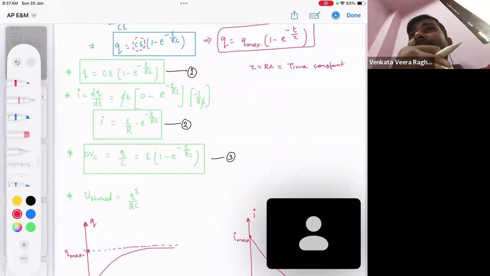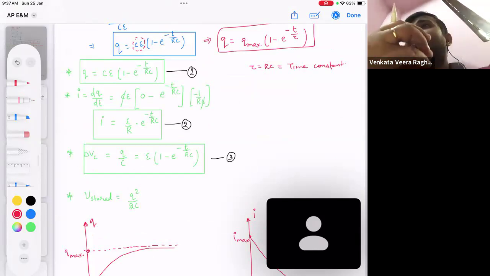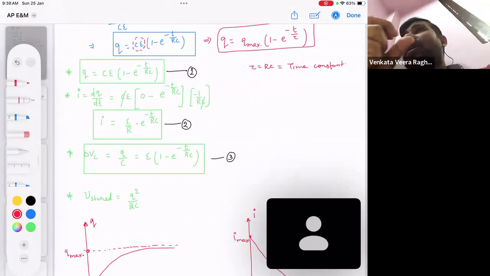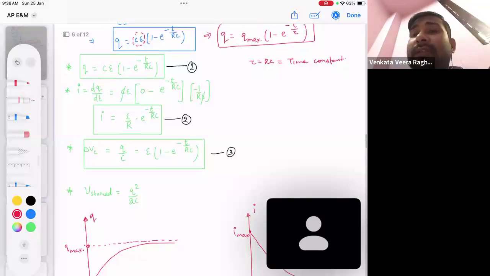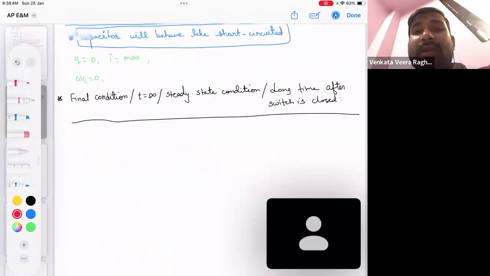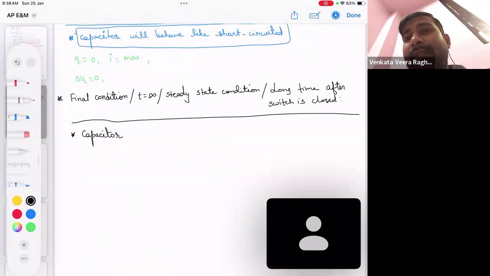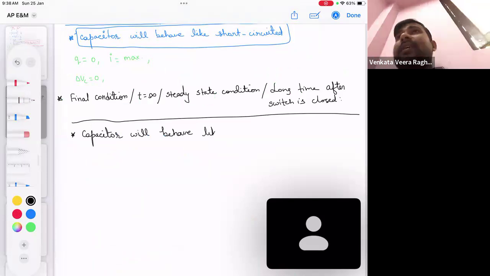No, right? So that means what? Can I say at t equal to infinity, the capacitor will not allow any current to pass through it? So that's why, at t equal to infinity, how is the capacitor going to behave? The capacitor will behave like an open circuit.